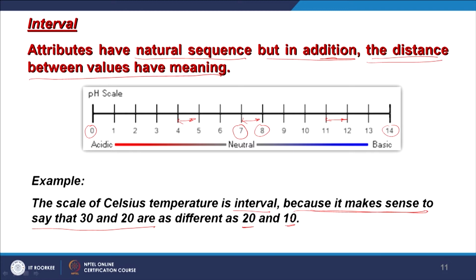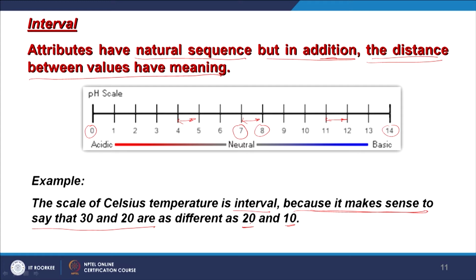Humans may feel a little differently, but from a measurement point of view, the distance is the same and it has meaning. So if this were 20 and 15, then it is only a 5 degrees Celsius temperature difference. So it is half of what it is between 20 and 10.